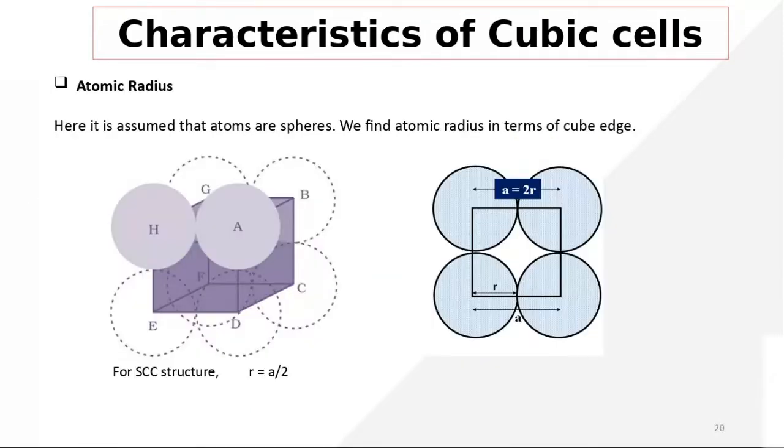Now we talk about the atomic radius. What is the atomic radius? To find the atomic radius, we are assuming that these atoms are spheres.